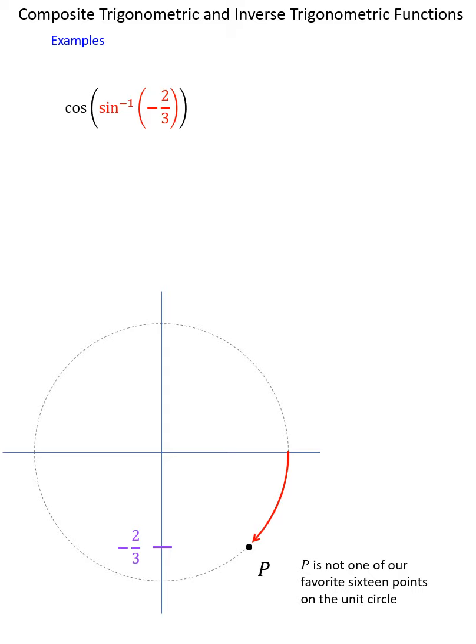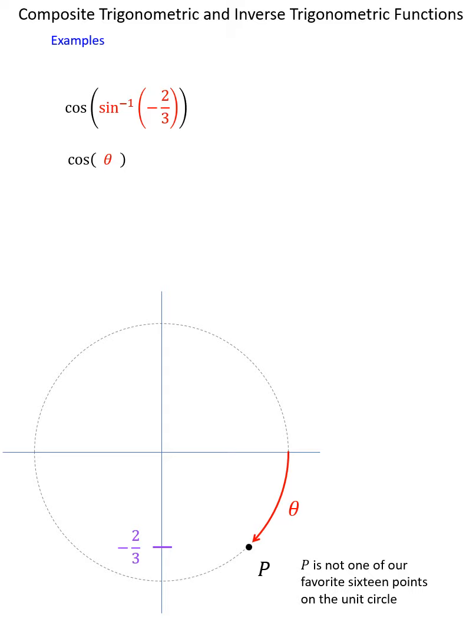Now, just to give it a name and to stop calling it the arc at the bottom of the screen, let's call it theta. Don't let Greek letters freak you out. They're just like any other letter. And if we let theta equal that arc length, then the problem at the top of the screen is really no different than just computing the cosine of theta.